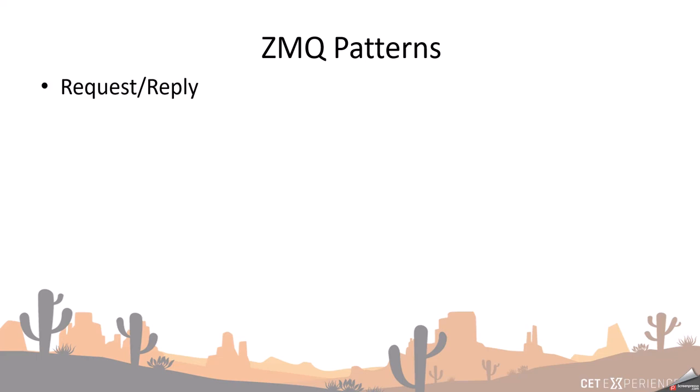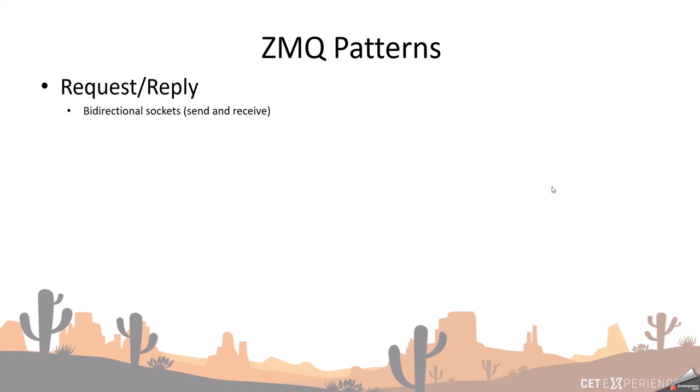So let's get into the patterns now. There's 4 that we'll cover that are the main built-in ones. I think there's a couple that are not official yet, so we won't talk about those. First one is request reply, and this basically is what it sounds like.